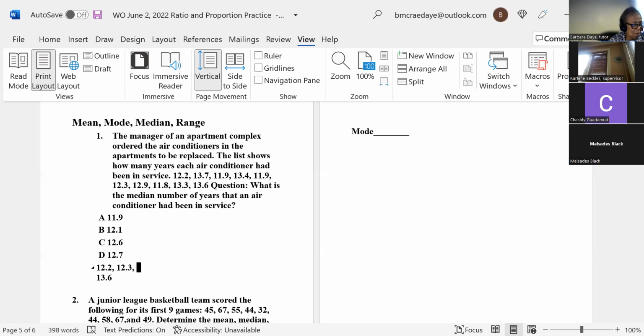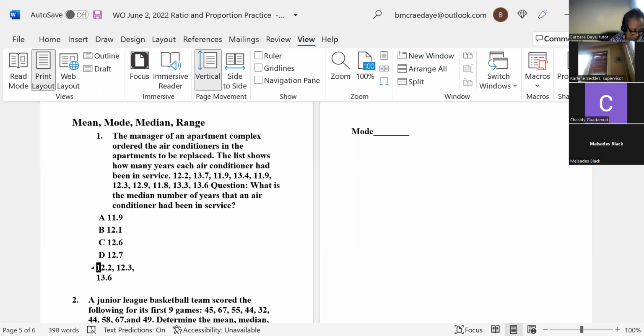Now, okay, let's go back. You said you went from low to high. So what's the lowest one? Isn't that some 11s? It's at 11.9. Okay, so what's the lowest 11 point? We have two 11.9. Isn't there 11.8? Let me see if I missed it.